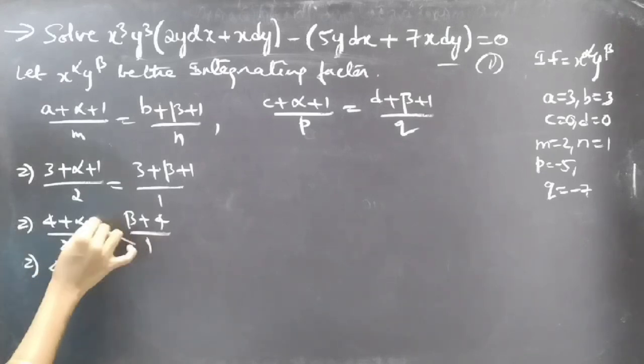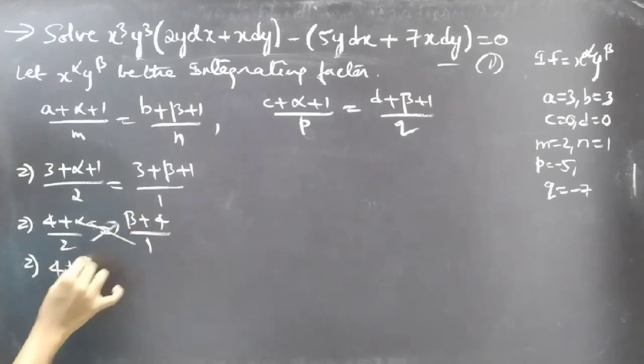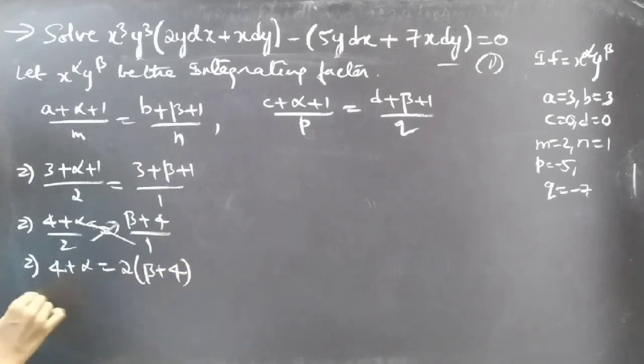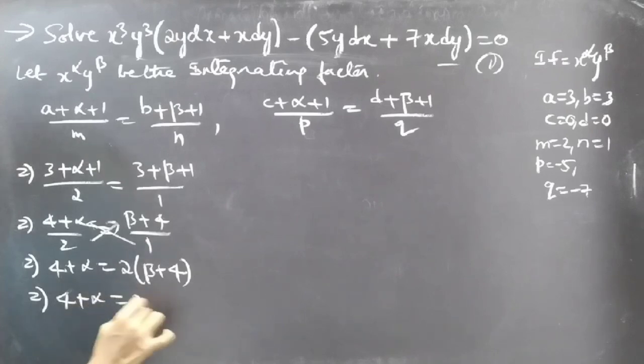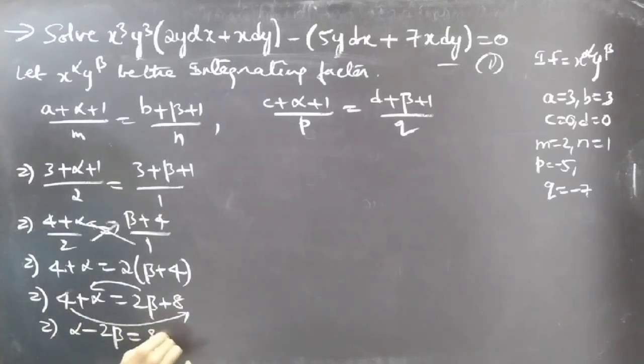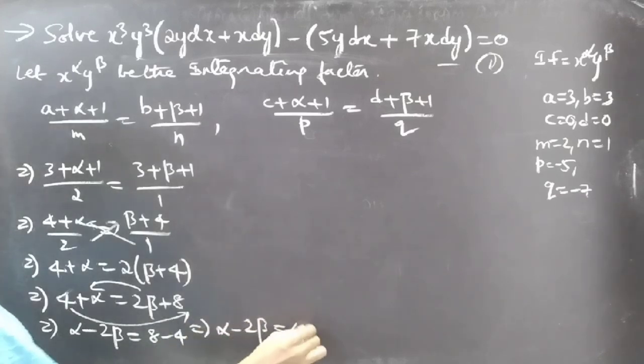So make cross multiplication, we'll get 4 plus alpha equal to 2 times beta plus 4, which gives us 4 plus alpha equal to 2 beta plus 8. Now bring this 2 beta to LHS, take this 4 to RHS, you'll get alpha minus 2 beta equal to 8 minus 4, which gives us alpha minus 2 beta equal to 4. Consider as equation A.